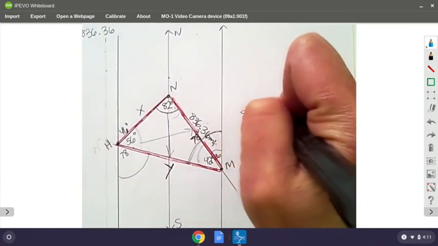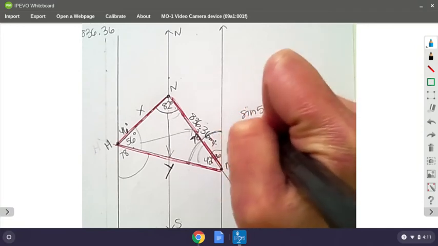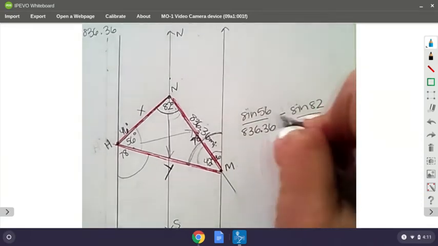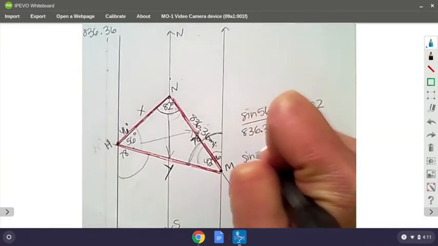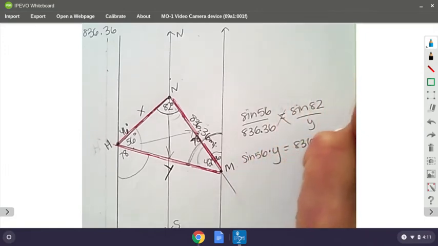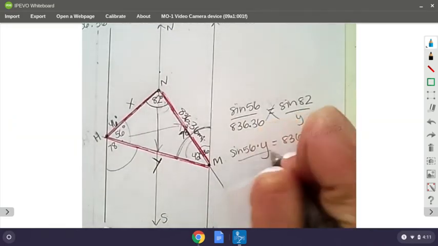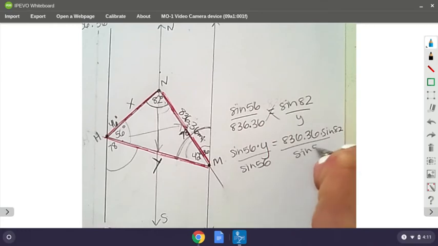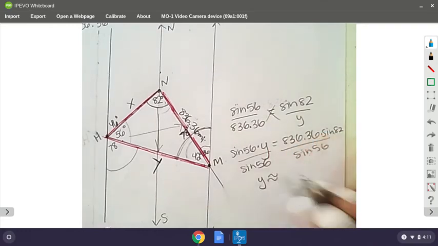So we're going to have sine of 56 over 836.36 equals sine of 82 over y. Cross multiply, so you're going to have sine of 56 times y equals 836.36 times sine of 82, divide by sine of 56. Okay, so then you can put all that in your calculator.